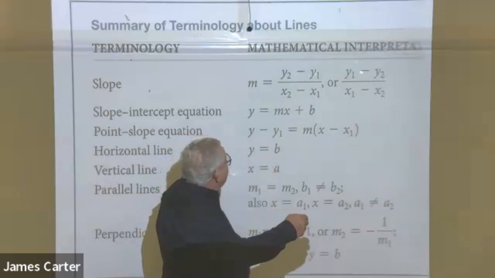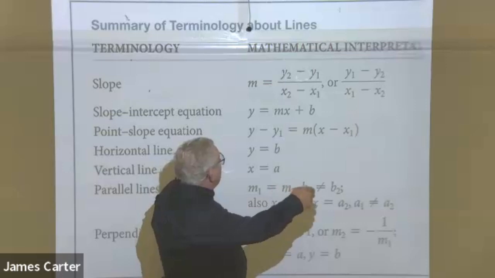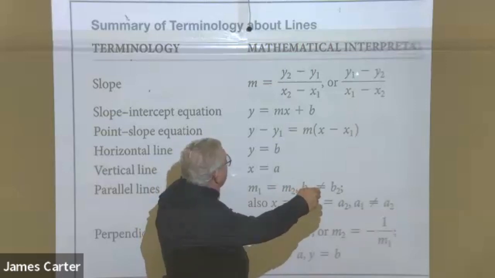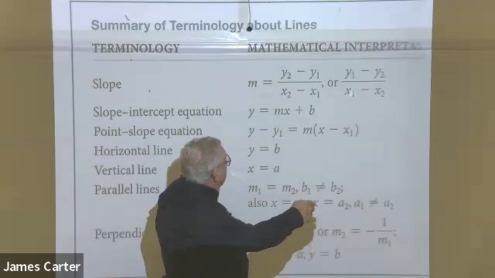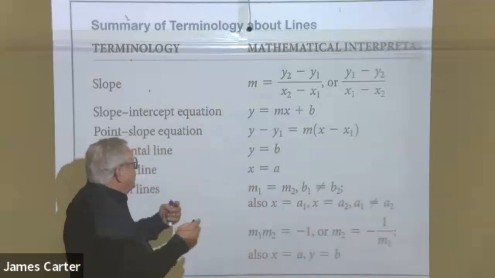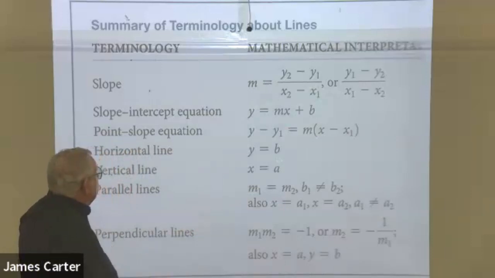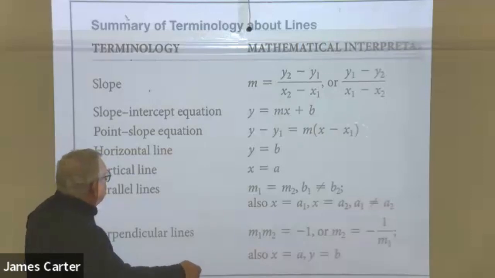You notice that this formula can go either direction, but if you start with y sub 1 on the y's, then you better start with x sub 1 on the x's. Ultimately, you will get the same answer. Now, we've already talked a little bit about y equals mx plus b. Later tonight, we'll use this.